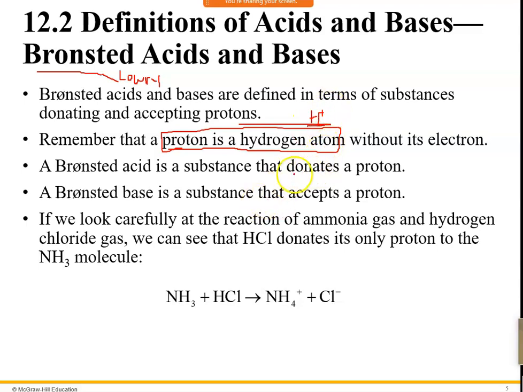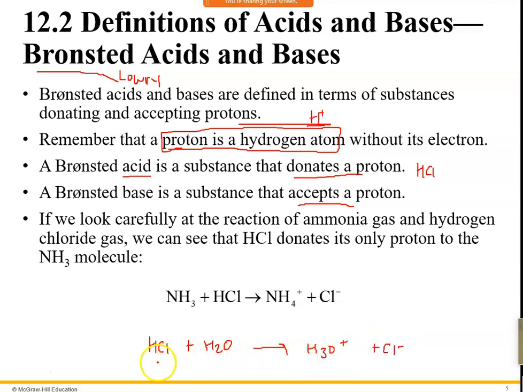So anything that donates a proton, they called an acid. If you donate a proton, for example HCl, it gives away a proton. And a base is anything that accepts a proton. All right, so if you take HCl and add it to water, what happens is you form H3O+ and Cl-.